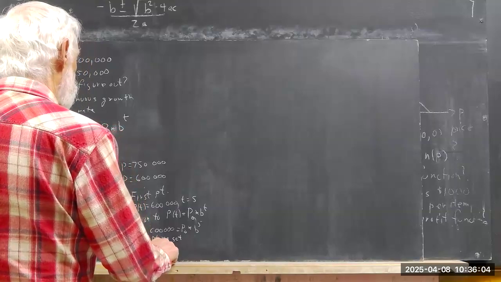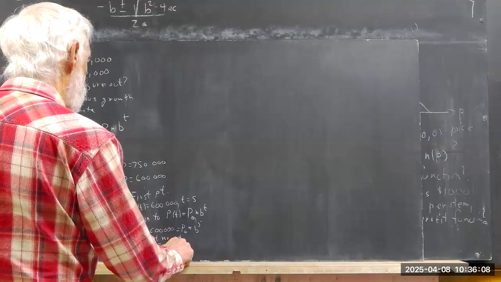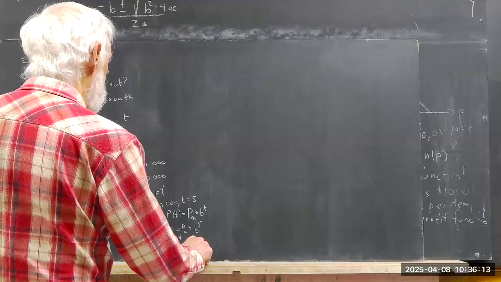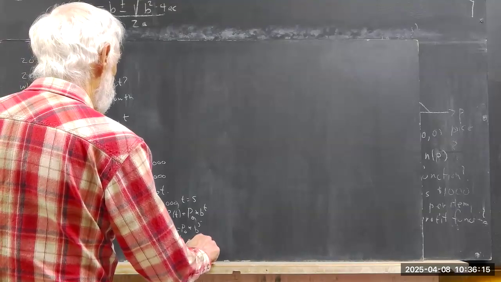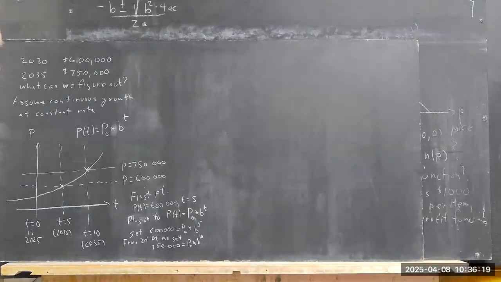In the second point, we get 750,000 equals P naught times B to the 10th.